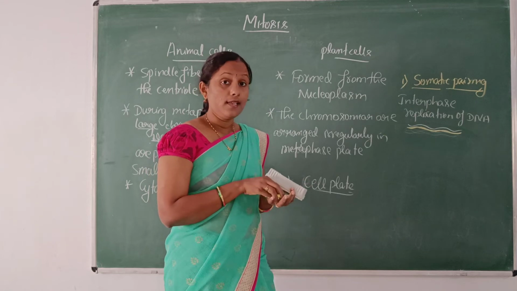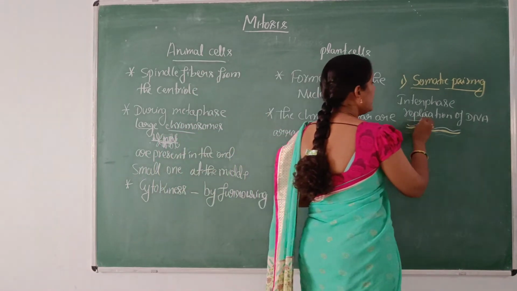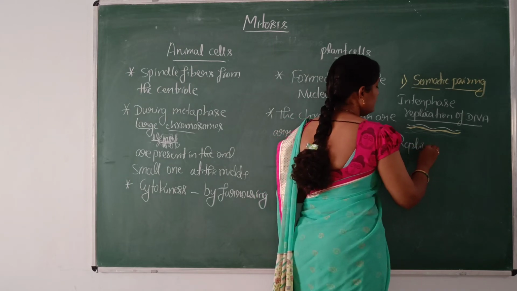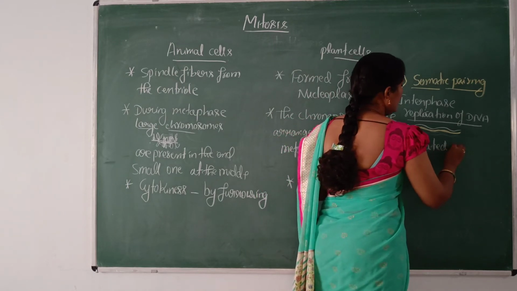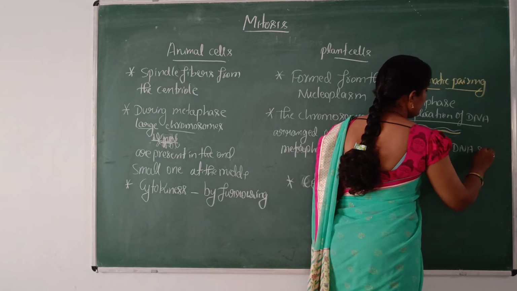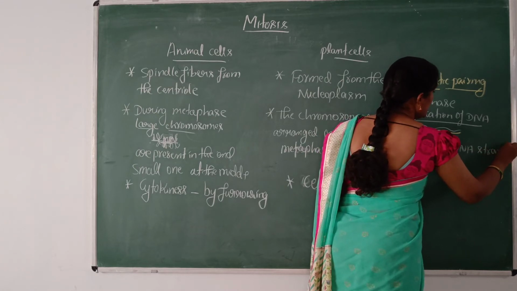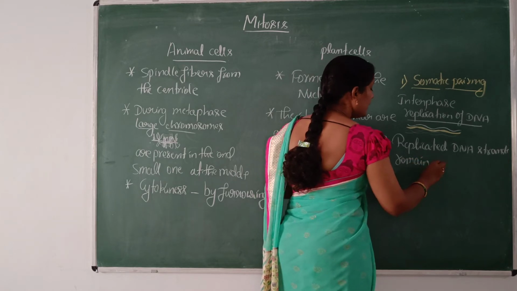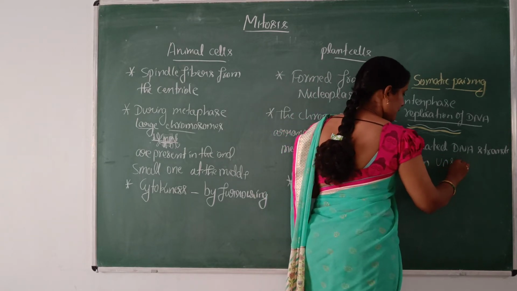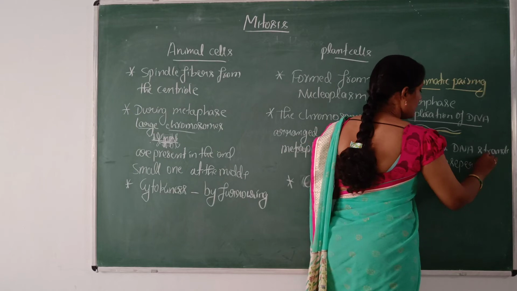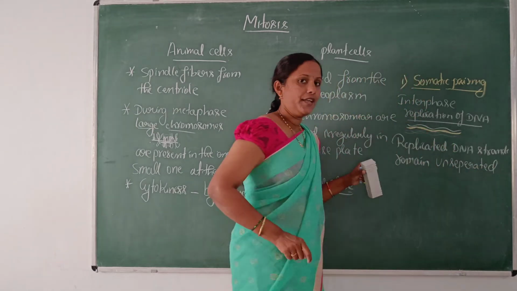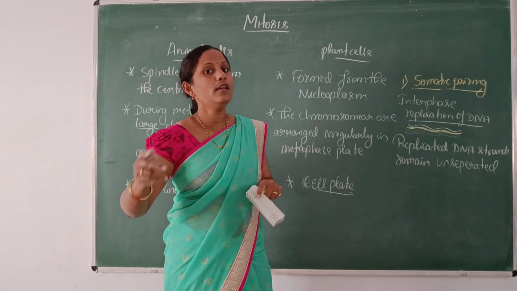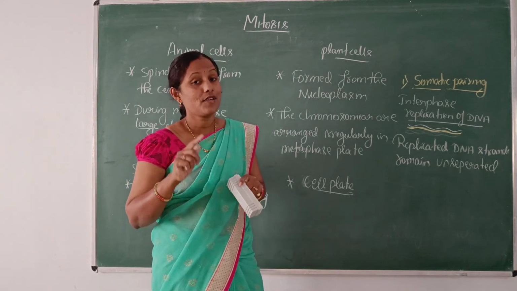But in some cells, the replicated DNA strands remain unseparated. They will not get separated; they are present together and are carried together to the daughter cells after division.